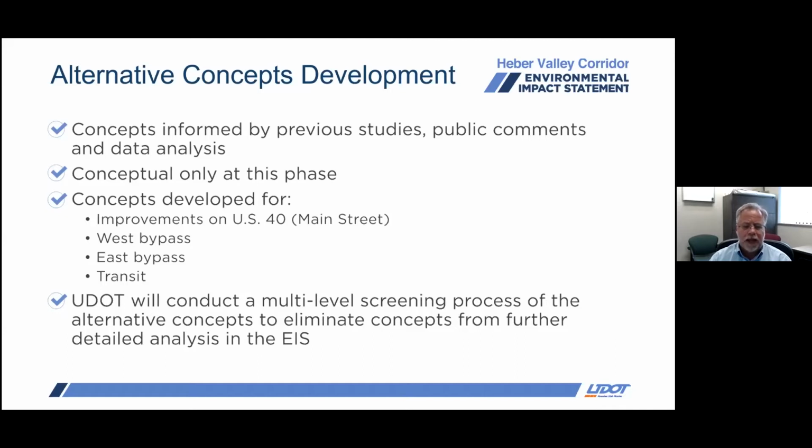We've taken a step back and we are considering all the alternatives as the NEPA process requires. And as we follow the NEPA process, we believe that it will help us to make good decisions. And ultimately our goal is to evaluate those alternatives that meet the purpose of the project and are at the least amount of impacts to the environment.